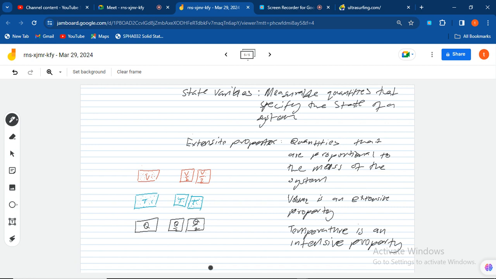It's going to be Q over 2. So heat is an extensive property as well. It depends on the mass. It is an extensive property.